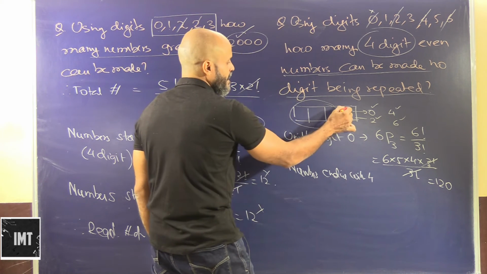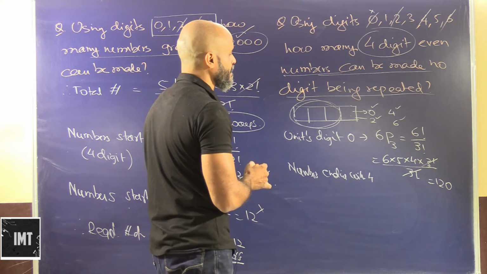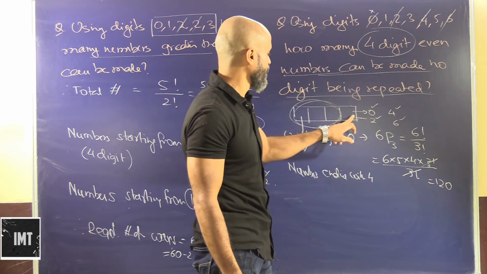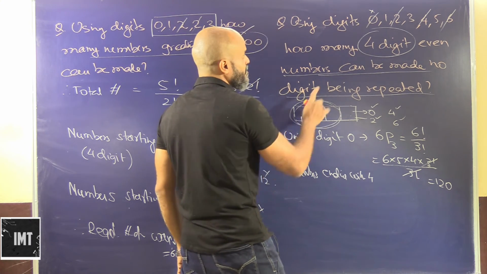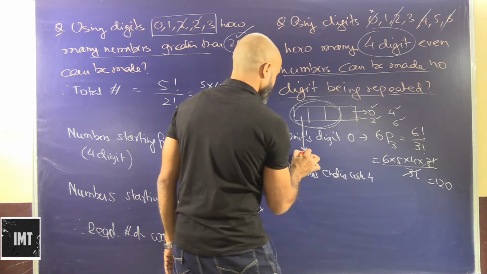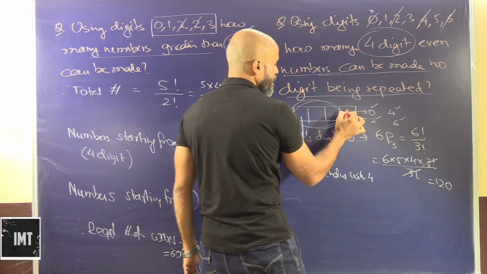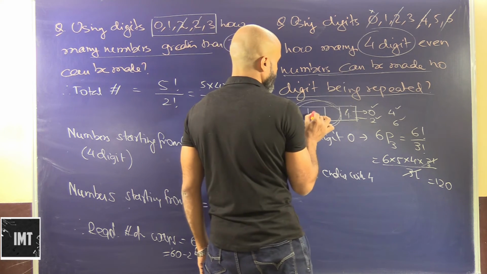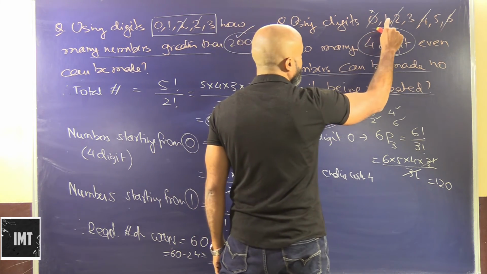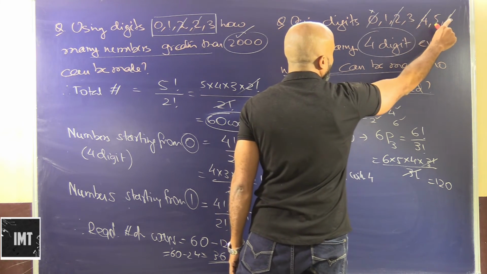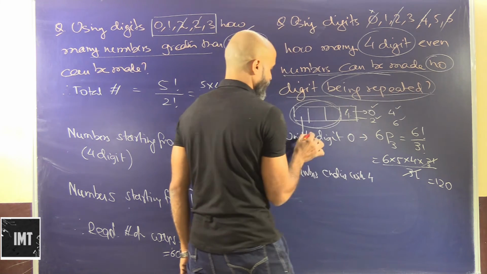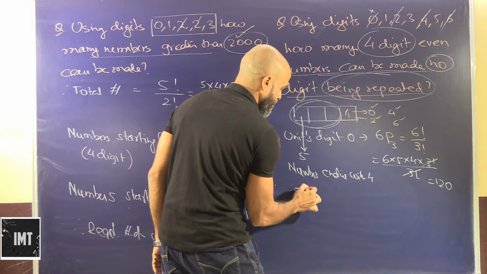Now let's say numbers ending with 4. The first place cannot be filled with a 0. We have already filled a 4 at the end, so this place can be filled with 1, 2, 3, 5 or 6, because no repetition is allowed. So it can be filled in 5 ways.